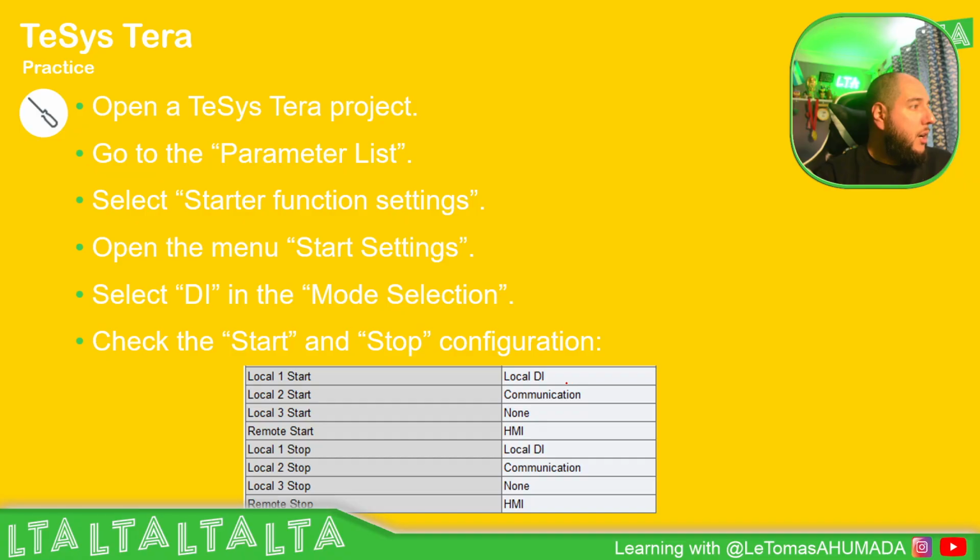So I'm going to use the mode selection as a DI for digital input, and then for the start and stop, I'm going to do something similar. I'm going to use just one input and define the local digital IO to control start and stop. On this one I'm going to select none, and for the remote I'm going to use the HMI.